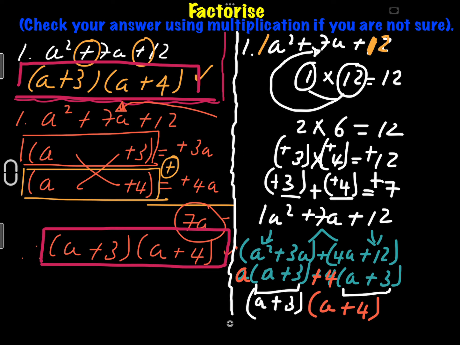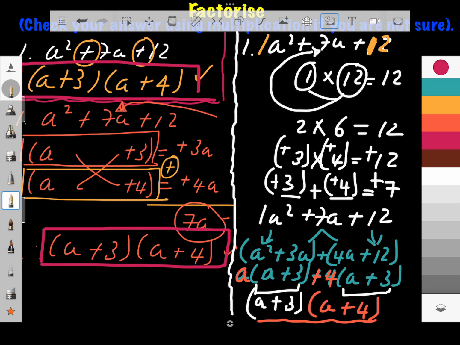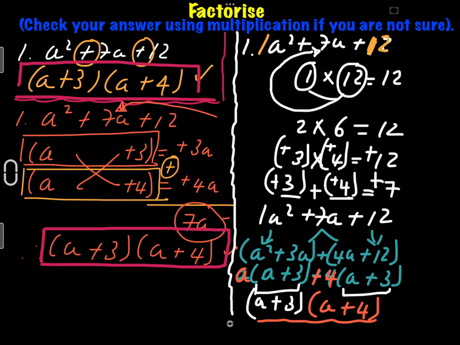And then that is our answer for our third application. So notice we have here the first answer. In our preceding part of this exercise, we have a plus 3 multiplied by a plus 4.